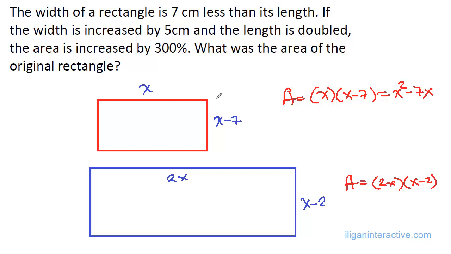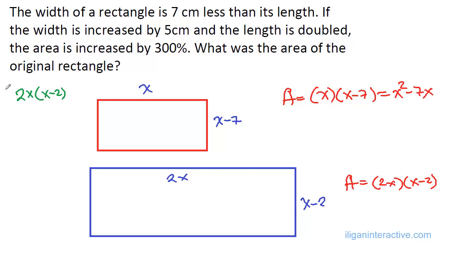And according to the problem, the area is increased by 300%. Which means what? We need to be very, very careful in this part, because increased by 300% simply means that this new area, okay, let me write that in an equation form. This new area, I'll write it here, 2x times x minus 2.